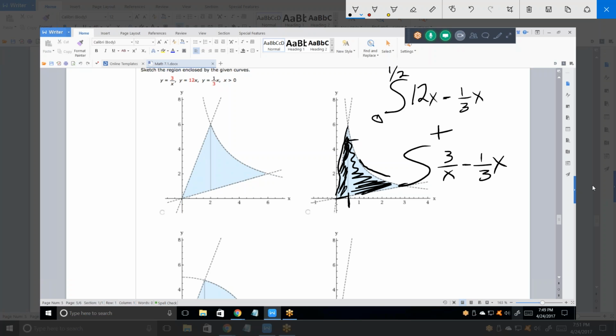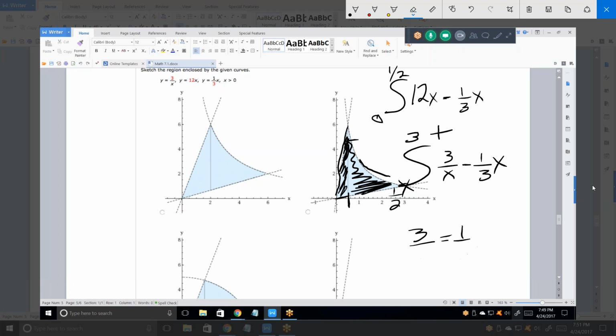Only this one, I'm going to go from 1/2 to whatever that intersection point is. Well, let's just assume it's 3. And let's see, where would 3 over x be equal to 1/3 x? Multiply both sides by, I get 9 equals x squared. So yeah, x is 3.